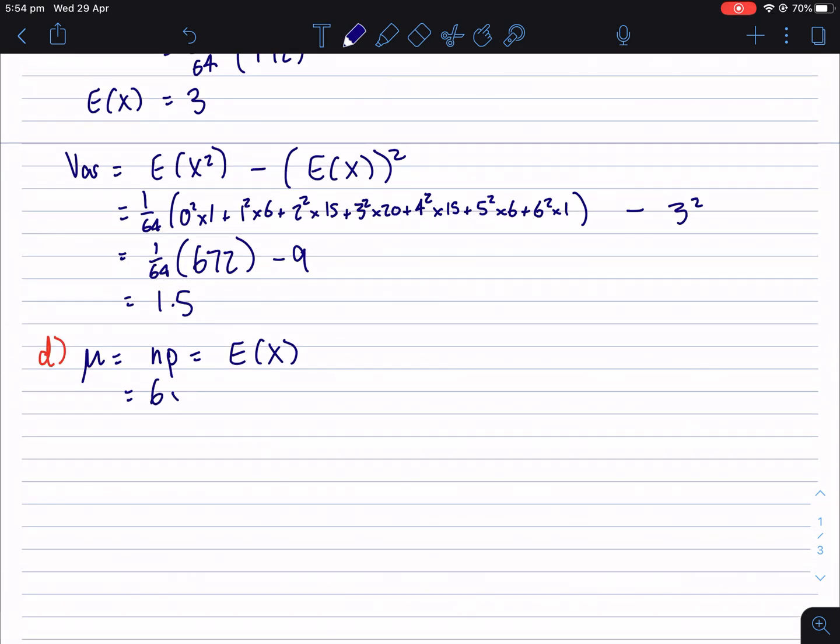So we've got 6 times half, which was 3, what a surprise, and the variance, npq, so this time it's going to be 6 times a half times a half, which is 1.5. Oh, I love the formulas.